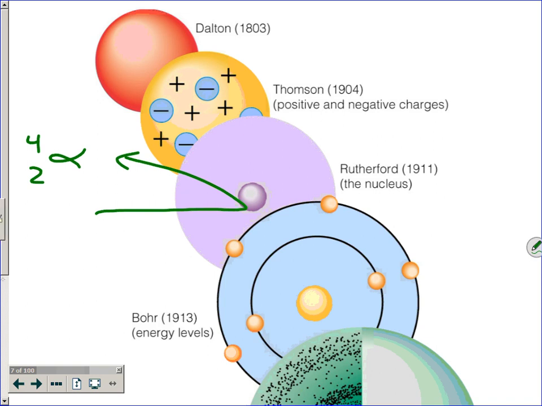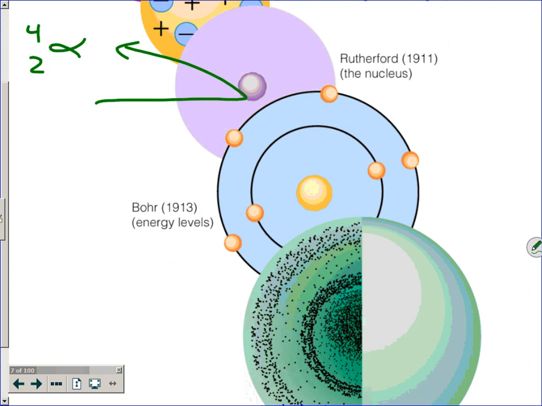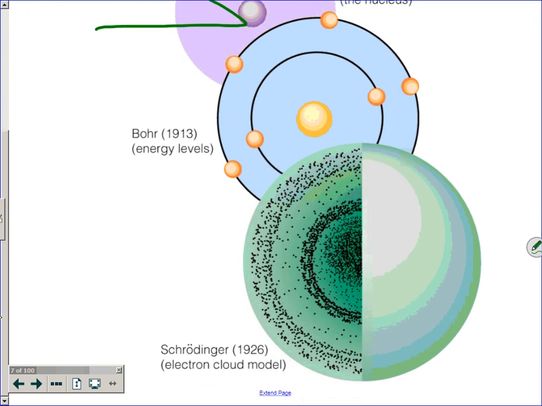Bohr came up with the energy level diagrams, kind of like that. But really, his model is only true for hydrogen. So Schrodinger, Einstein, Heisenberg, Planck, etc., piggybacked off of Bohr's research. Bohr called these orbits, and they said, we're going to take these orbits and make them electron clouds, and we're going to call them orbitals.